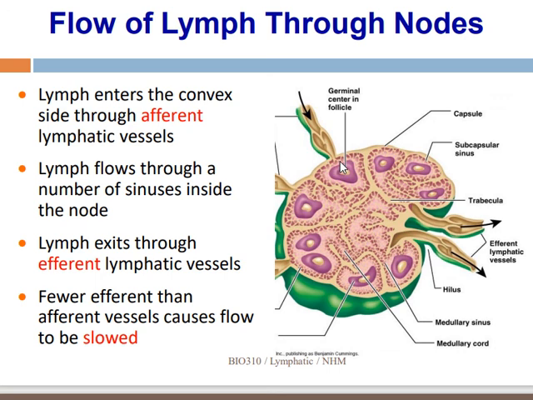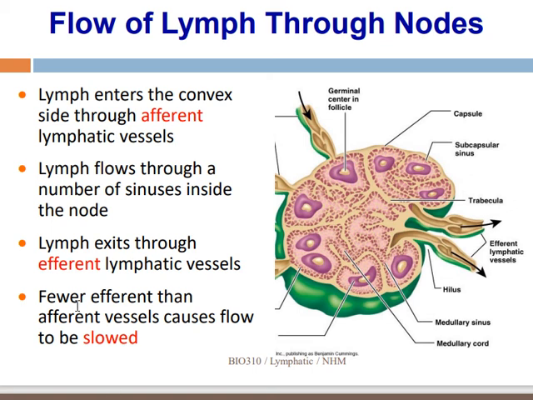Then they will be cleansed by the lymphocytes at the cortex, and the cell debris, cancer cells, and so on will be engulfed by the macrophages in the medulla. Then they will filter the interstitial fluid, and it will exit through the efferent lymphatic vessel, go to the lymphatic duct and back to the vein.